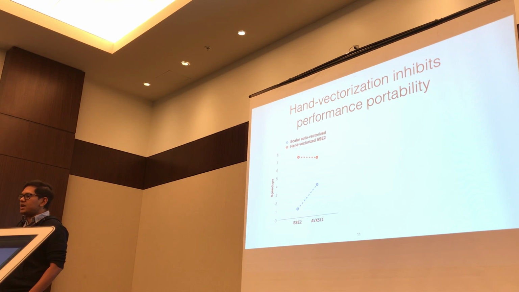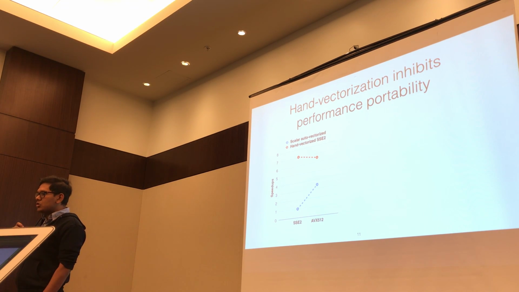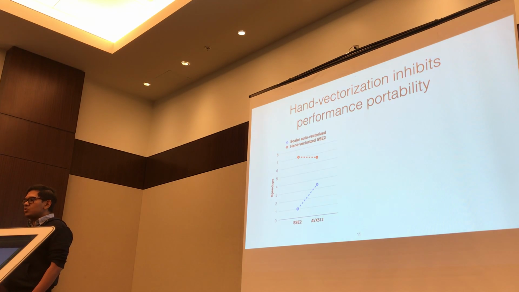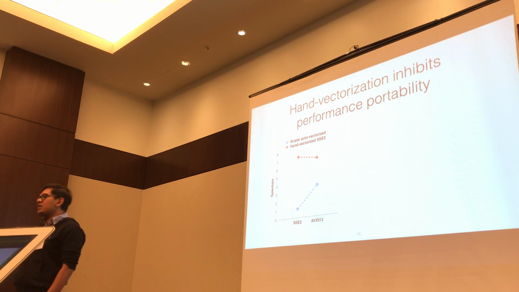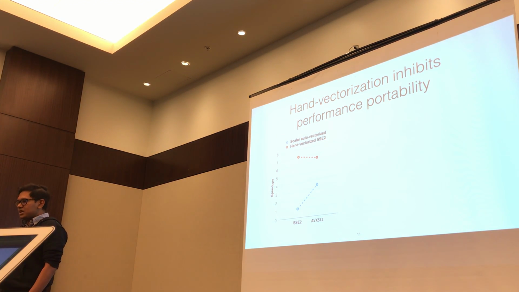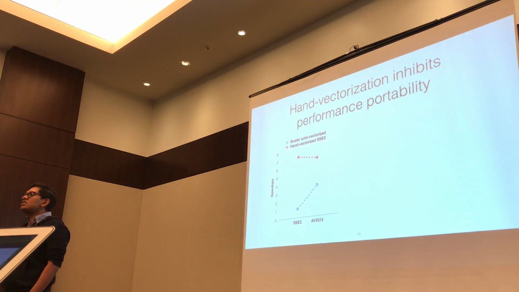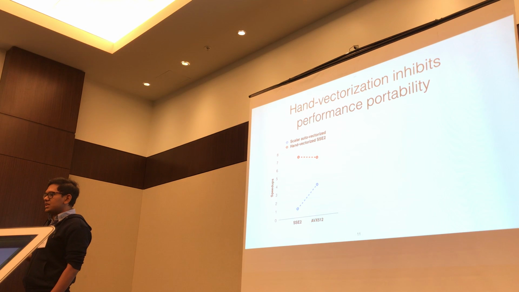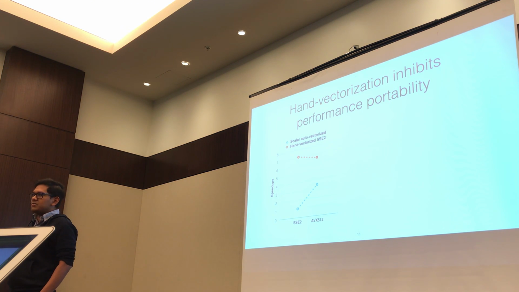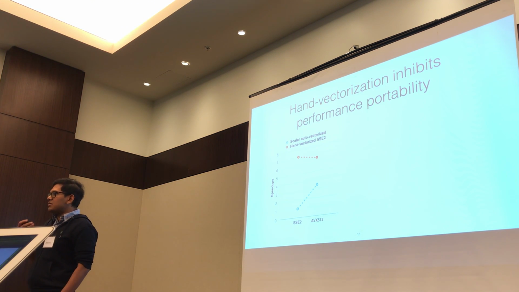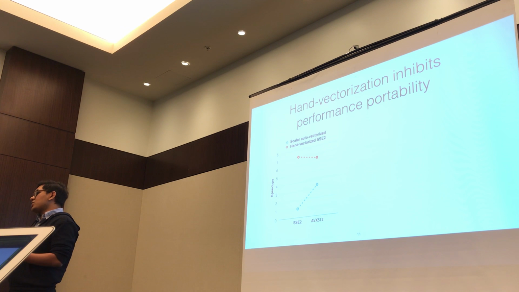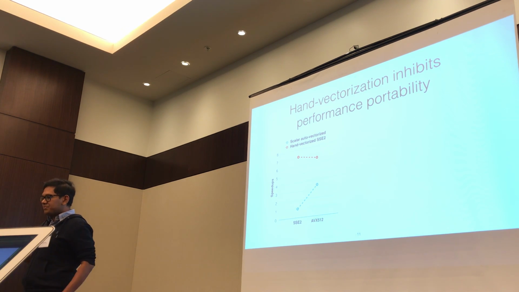Here everything is normalized to the scalar auto-vectorized SSE2 version. As you can see, the hand optimized code outperforms the naive version by many folds. However, it does not scale with the increase in vector data width. But the unoptimized code scales well because it can be auto-vectorized.